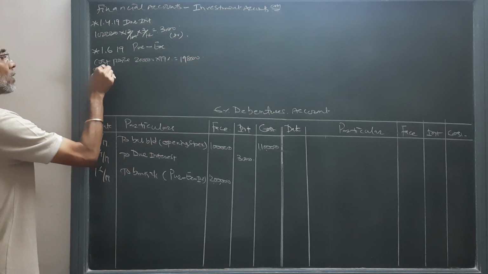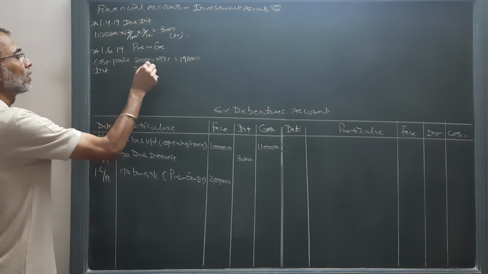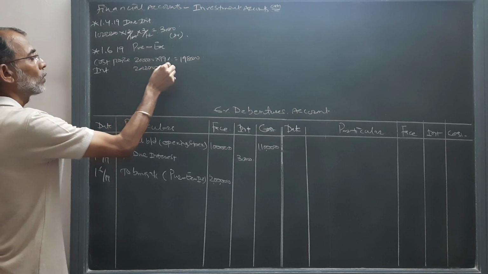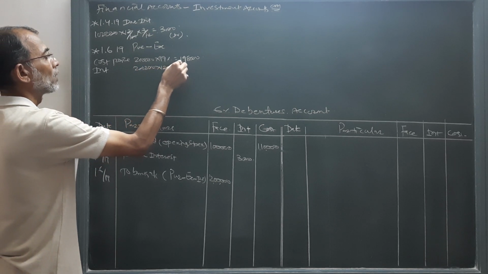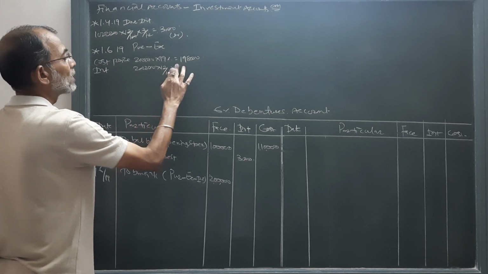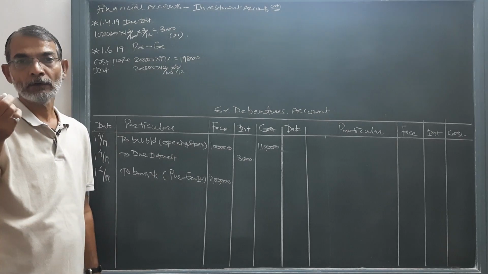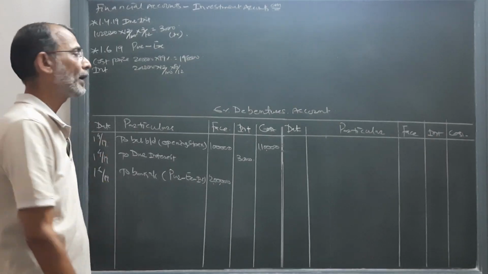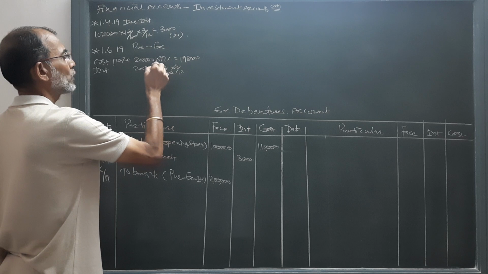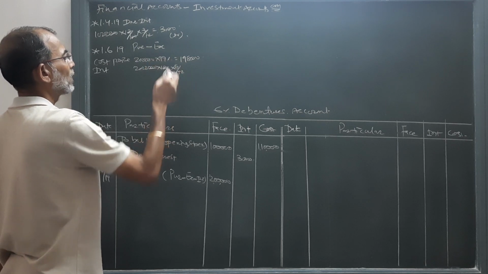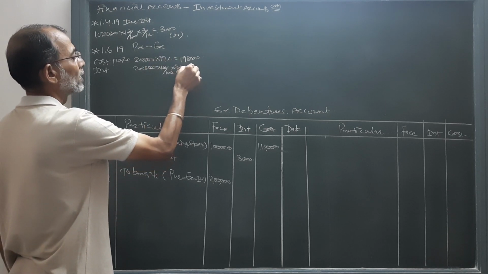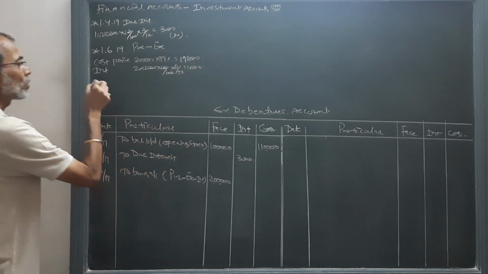Interest on 2 lakh at 12% for 5 months, January, February, March, April, May, will be 10,000.